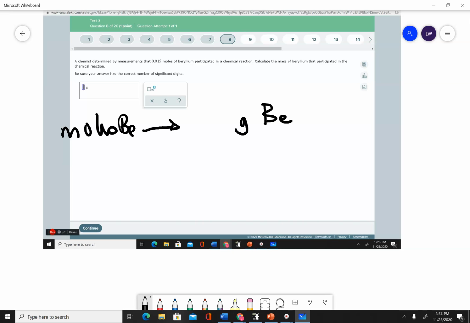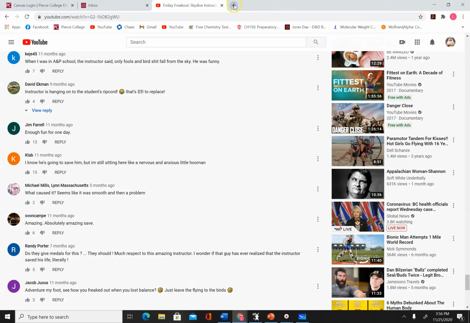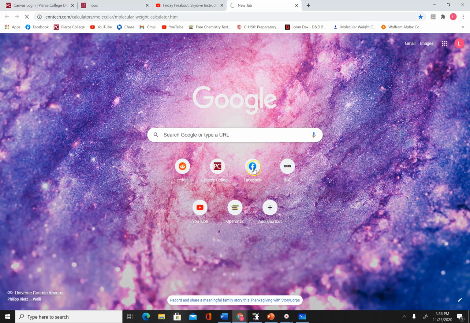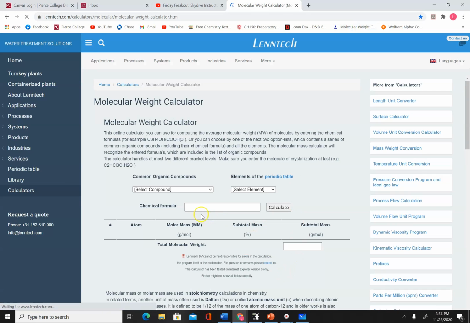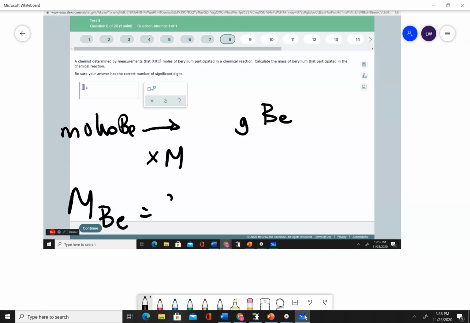So the conversion factor that we're going to use for this is just the molar mass. So the first thing we're going to need is the molar mass of beryllium, and you can look that up either in the periodic table or you can go to our online molar mass calculator. So Be for beryllium, make sure you get the correct formula. There it is, 9.01 grams per mole.